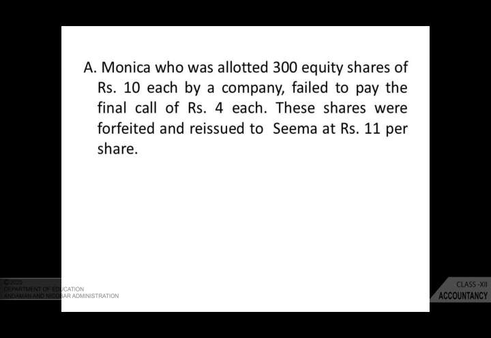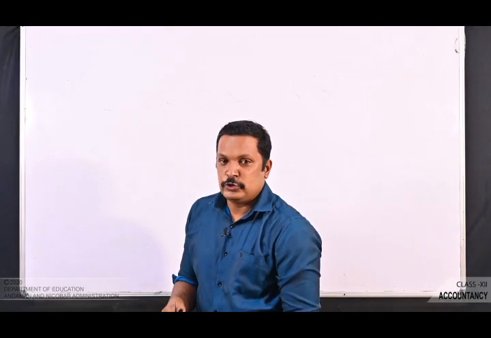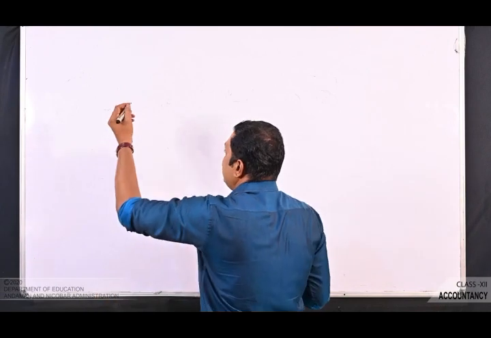Here I am going to change the forfeiture amount because 300 we already solved. So instead of 300, I make the problem 500, right? You have to solve with me. So here I just slightly change the question.